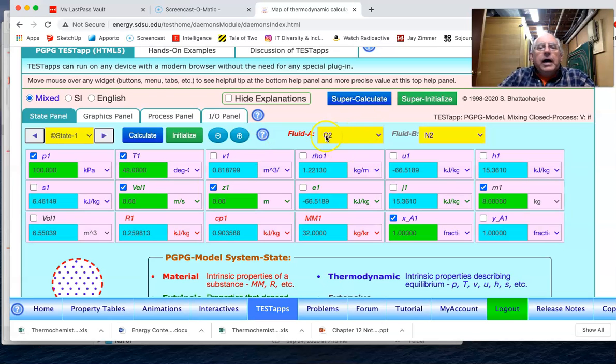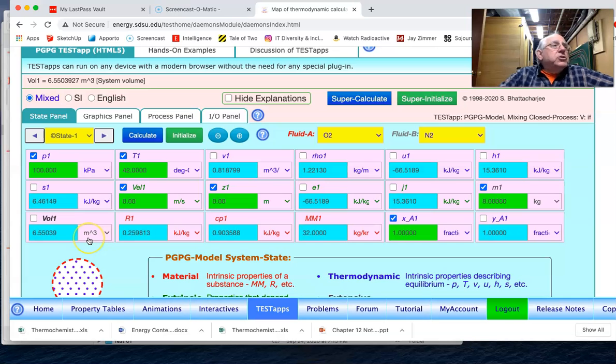So it is oxygen at 1 bar at 42 degrees Celsius. This tells us that 8 kilograms of oxygen would occupy about 6.55 cubic meters of volume. So this side of the overall tank is fairly large.